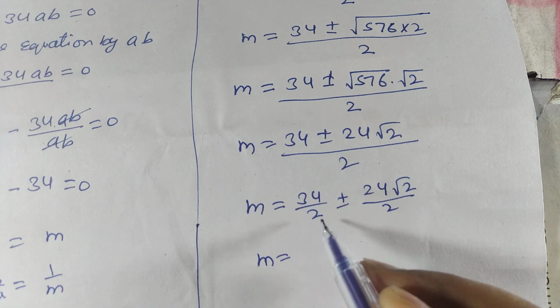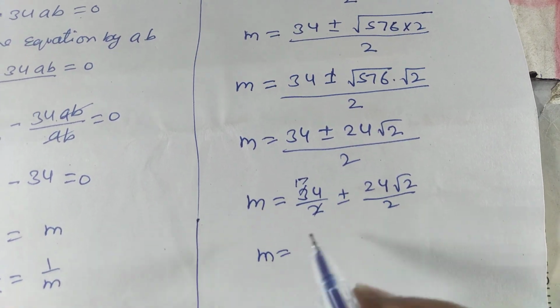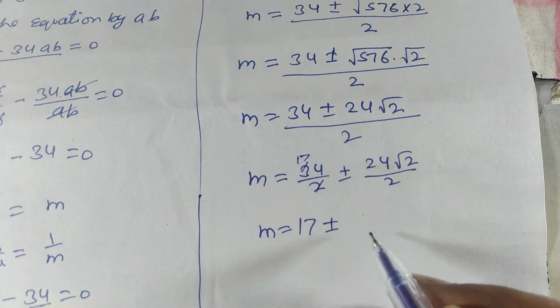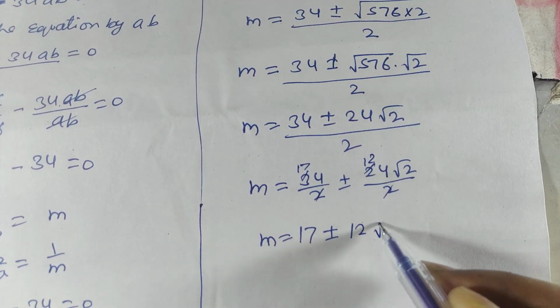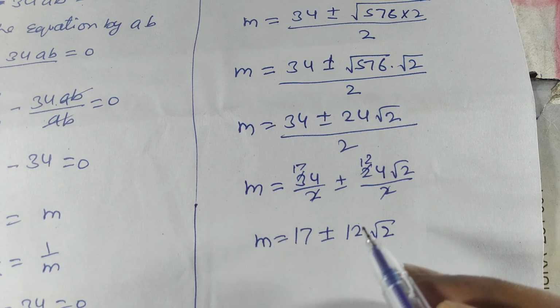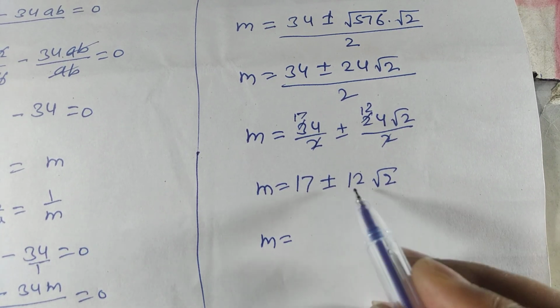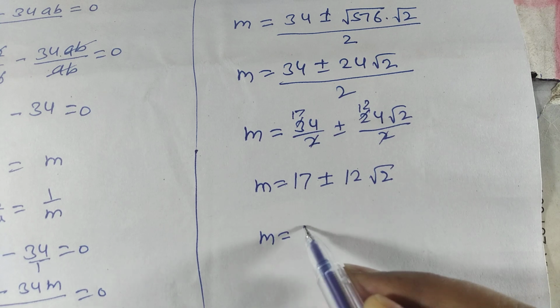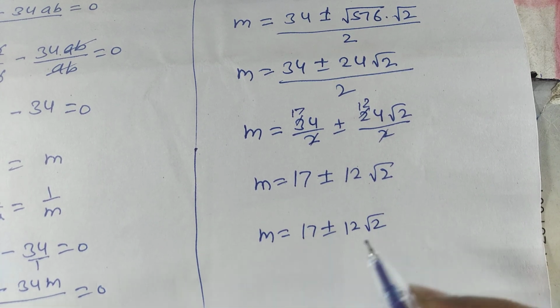M is equal to 17 plus or minus 12 square root of 2.